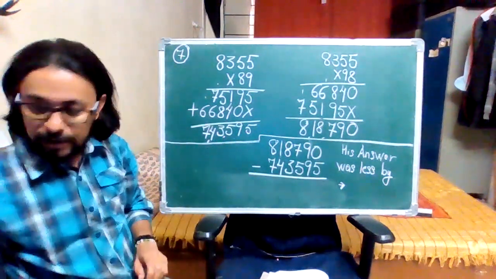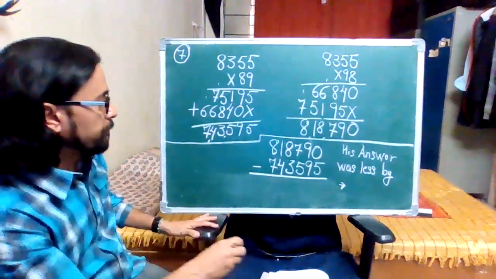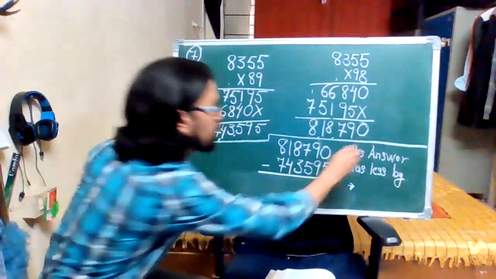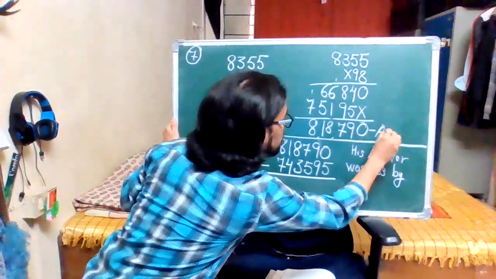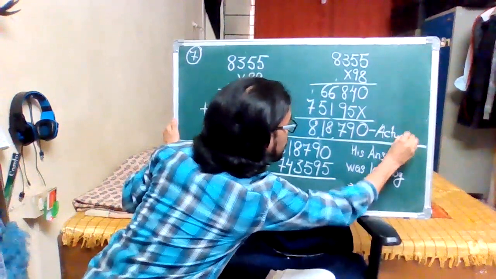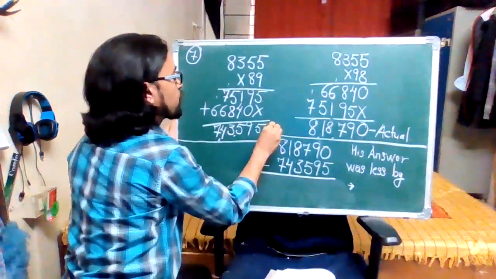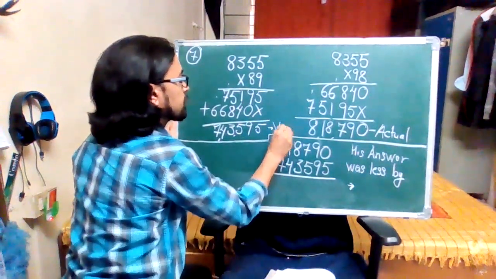To make it a little bit more clear, I will put the word actual here. This should have been the actual answer, and this happens to be the wrong answer.